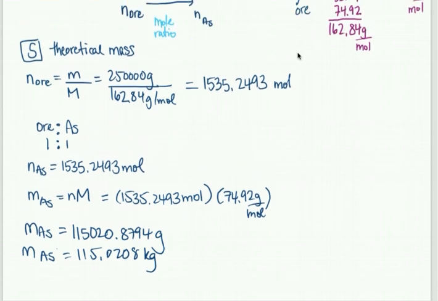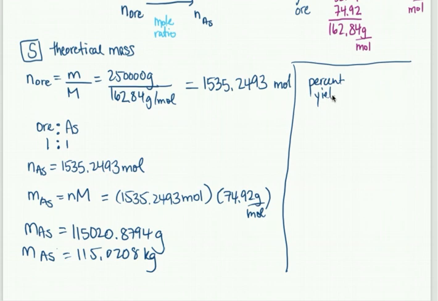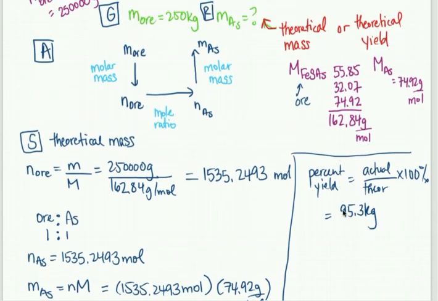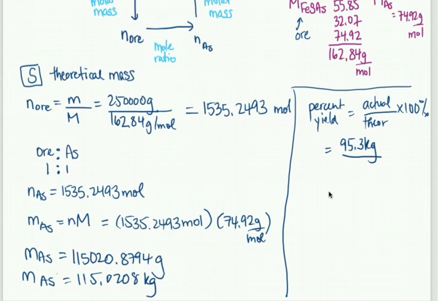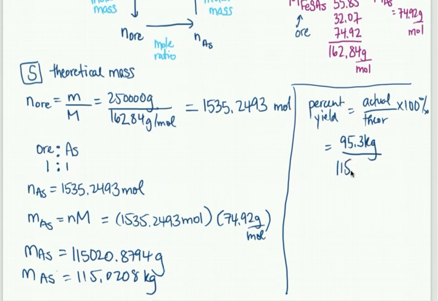Okay, and then we're going to do the percent yield over here. So for the percent yield, we're taking our actual divided by our theoretical and multiplying by 100%. Your actual was given at the beginning of the question, so this is what was obtained from the experiment, but theoretically you should have made this much of the sample.